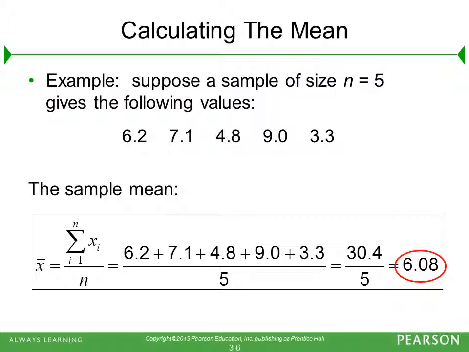So this is a simple example. You have 5 observations: 6.2, 7.1, 4.8, 9.0, and 3.3.